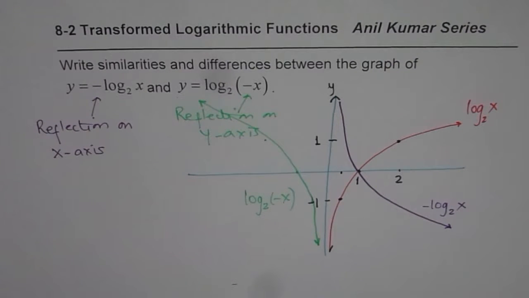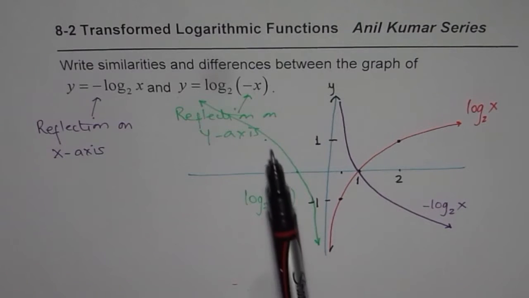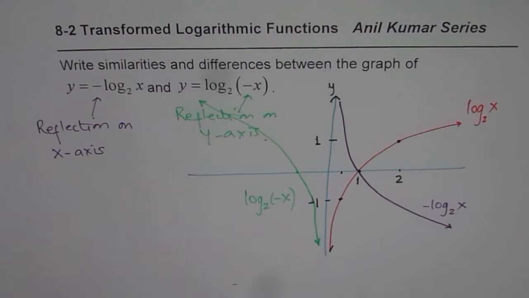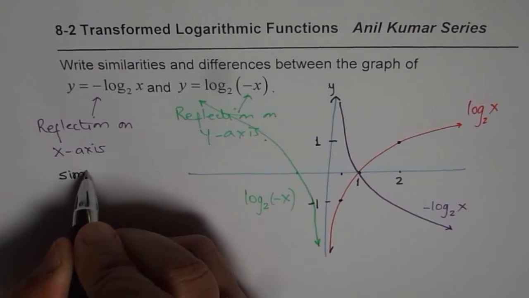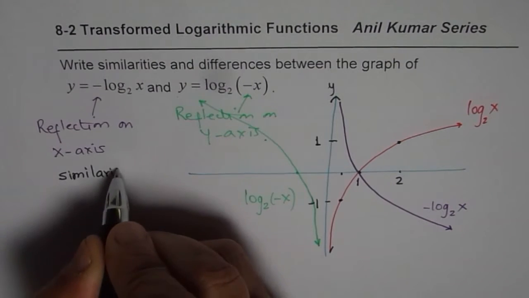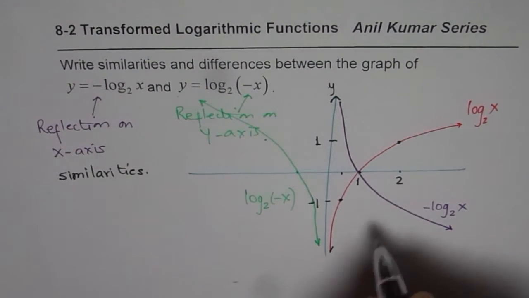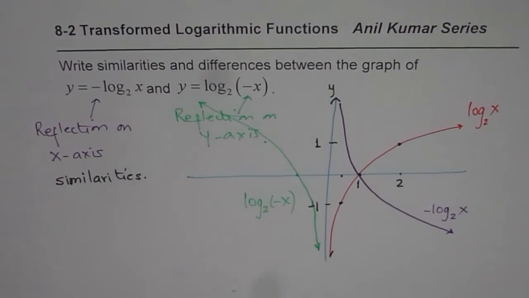Well, there are huge differences between them, but what are the similarities? Can you tell me that? What are the similarities between these two functions? Amongst the similarities, we can always mention two. For example, we can mention many, but two are very apparent. One is the vertical asymptote, right?